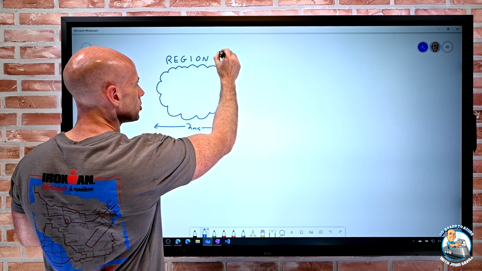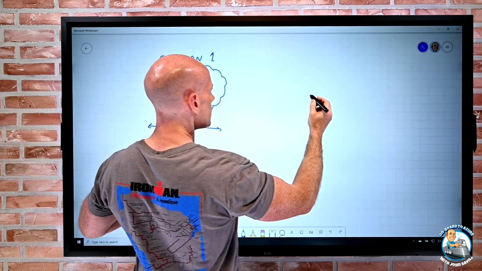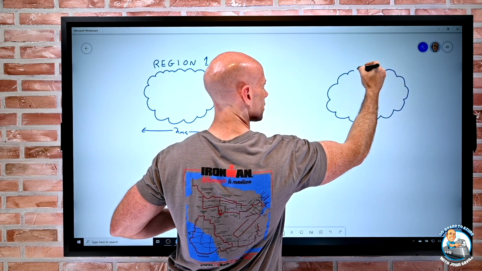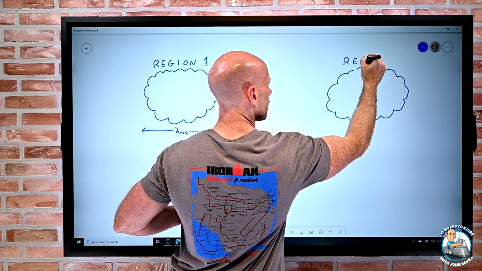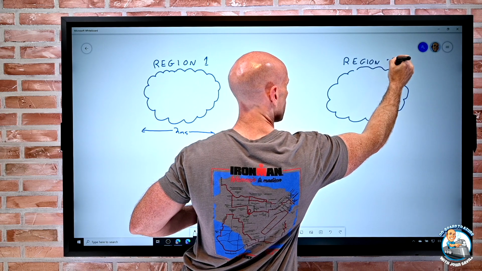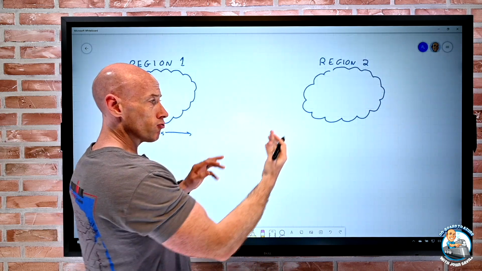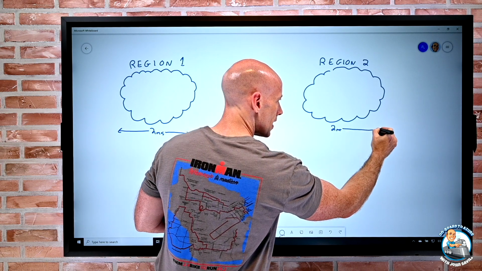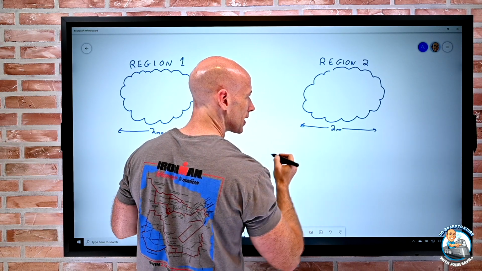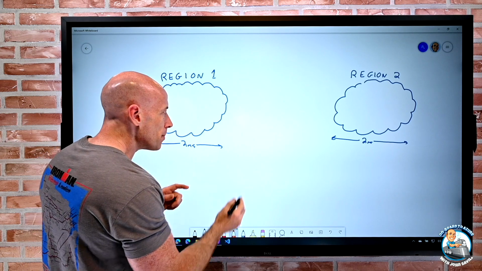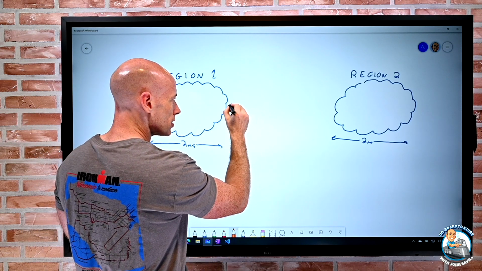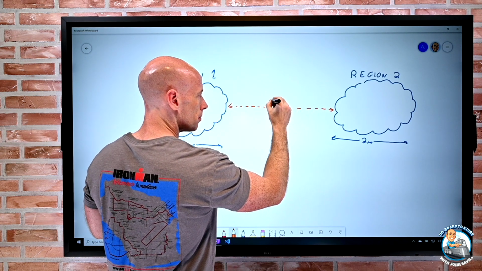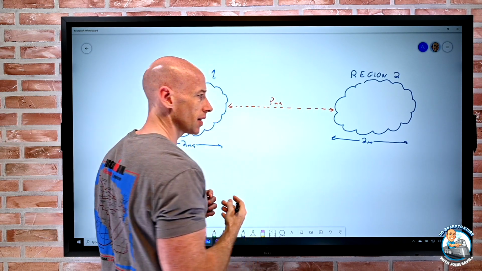So if this was region 1, and then over here I had my region 2. Now, once again, that region 2 is made up of different facilities, and it too has a 2 millisecond latency envelope. But between those regions, there is some much bigger latency.